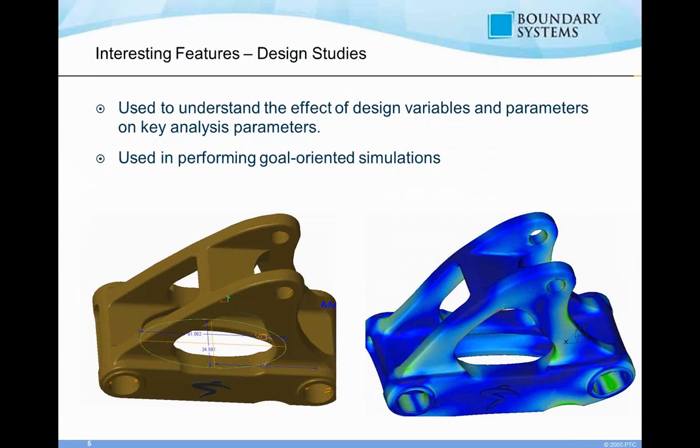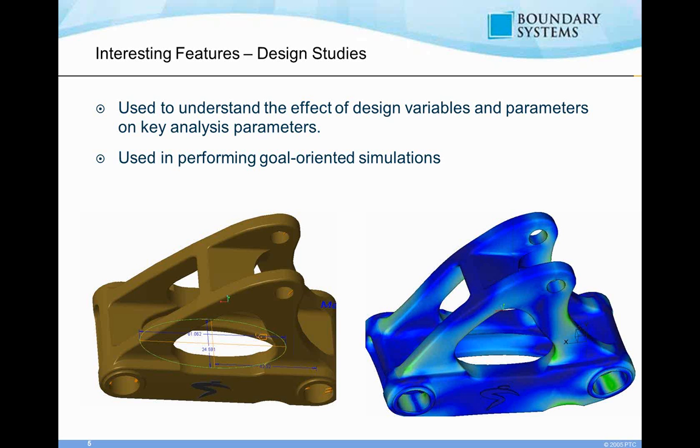All right. So the first thing to highlight is going to be design studies, and a lot of users don't commonly use this, being that it's not one of the first things you click on, and sometimes it's hidden down below, and sometimes you may not really know what to do with it or how to use it. But really, you can use it to understand the effect of changing any design parameters and how that affects your analysis. Not only that, but you can also set it up for goal-oriented simulations.